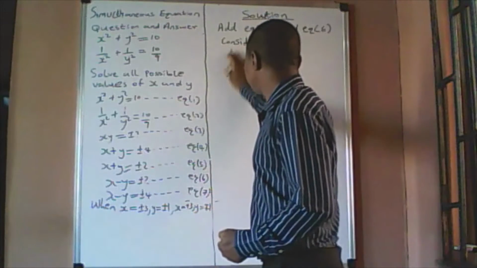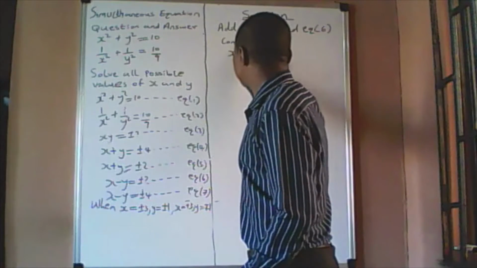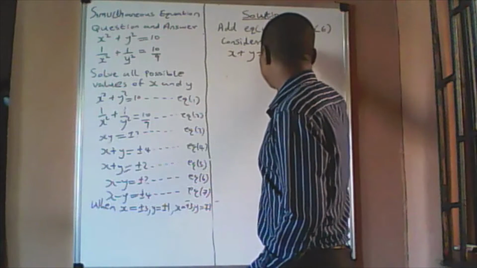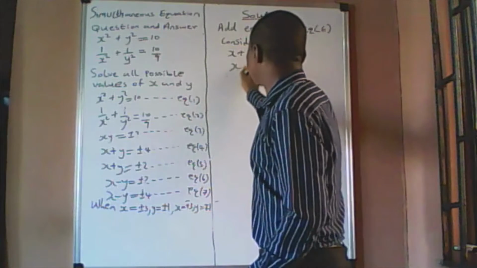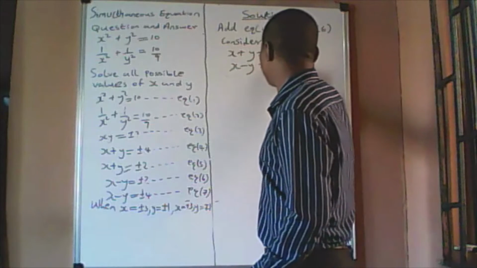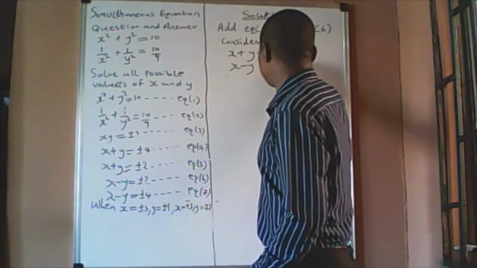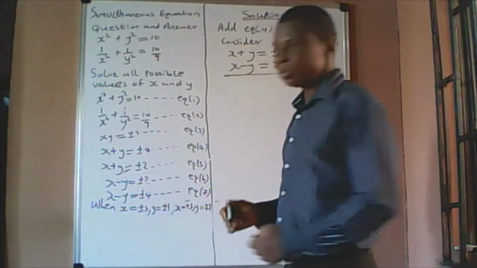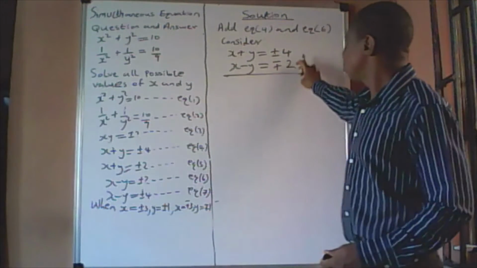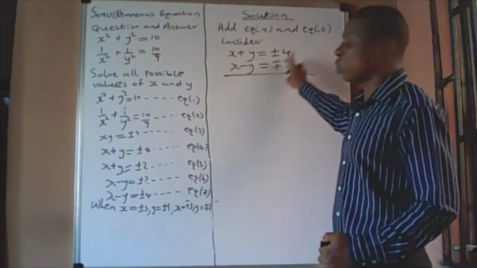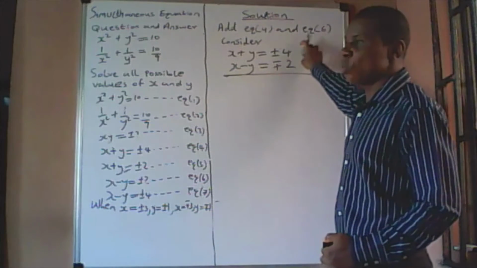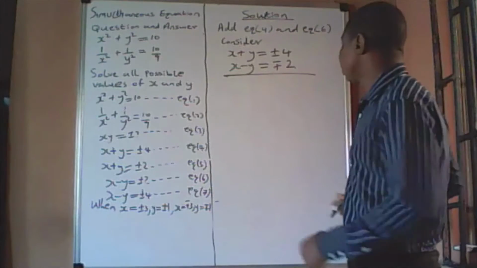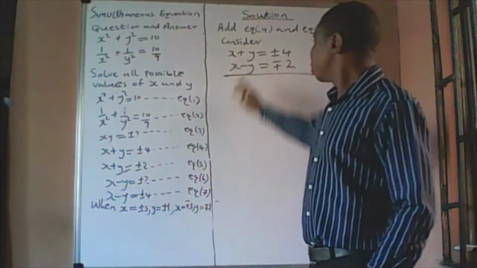We get x plus y equal to plus or minus 4, x minus y equal to minus or plus 2. Equation 4 still remains the same, it did not change. We add them.